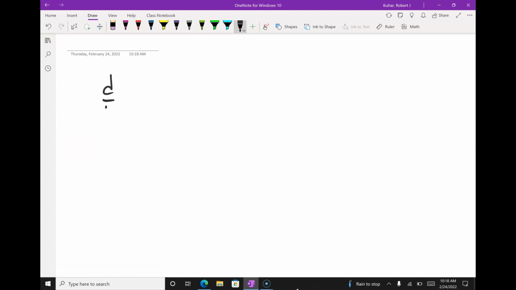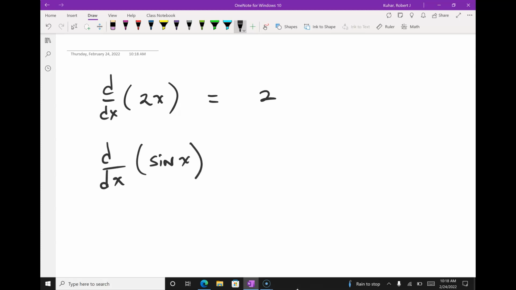If I'm doing d dx, that's my operator, of 2x, right? What do I get? 2. If I'm doing d dx, my operator that says take a derivative with respect to x, right? Of sine of x. What do I get?